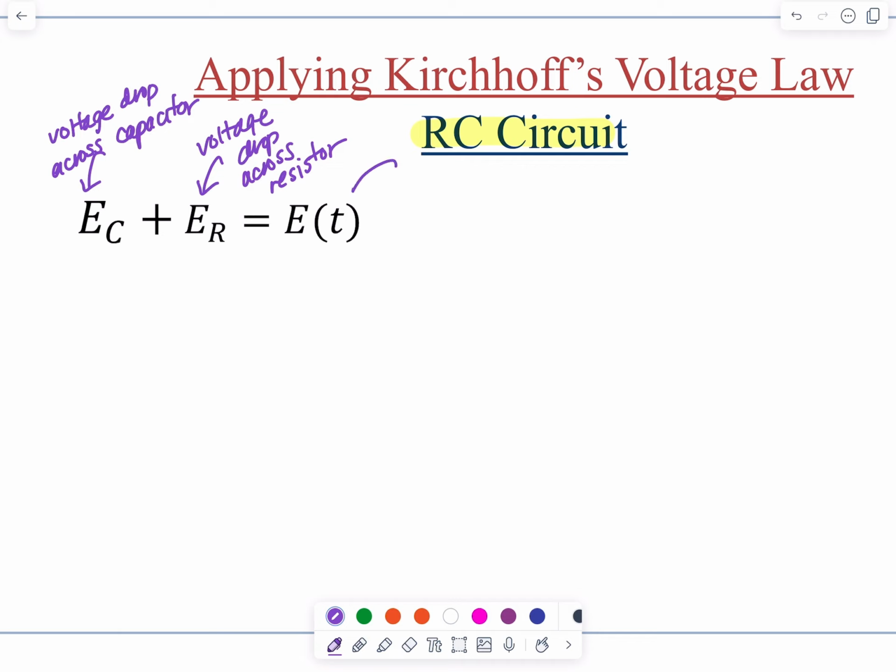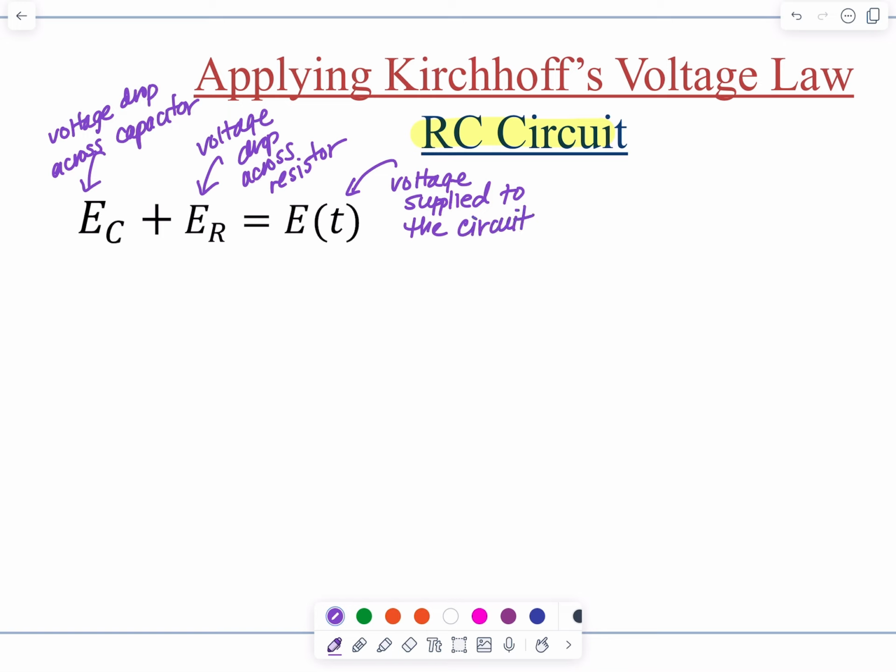And then of course we have our voltage supplied to the circuit. And that's at any time t. So now we are going to go ahead and derive this solution.